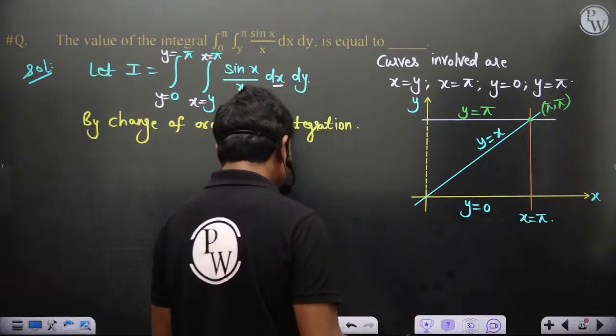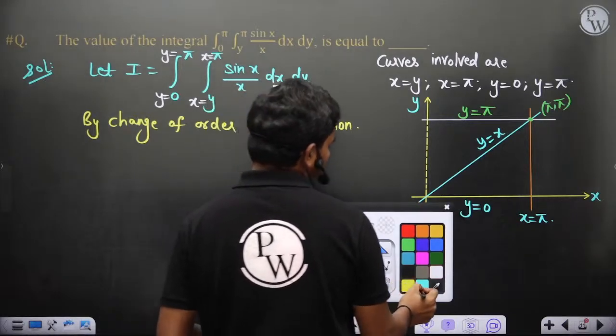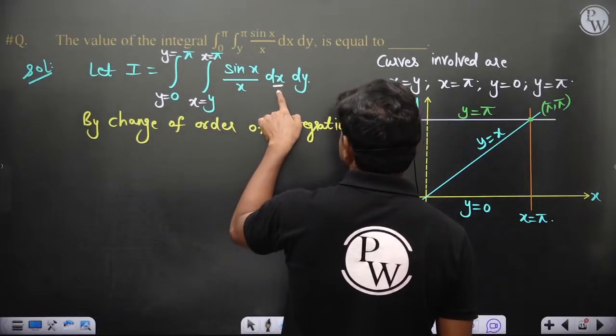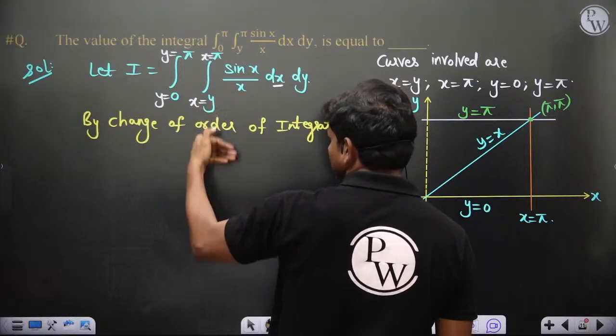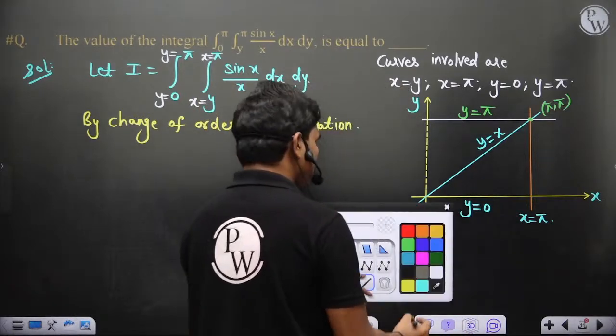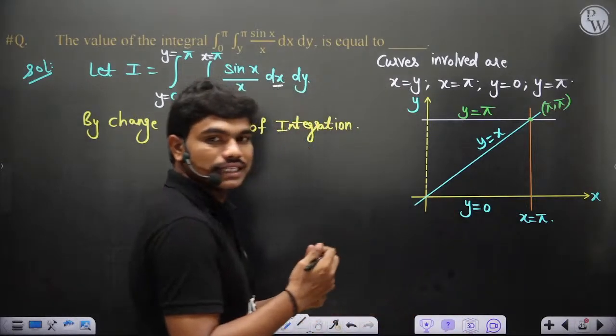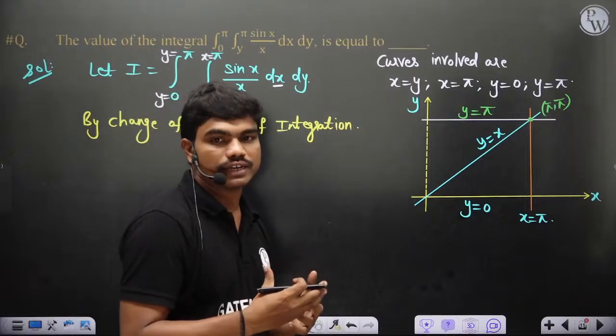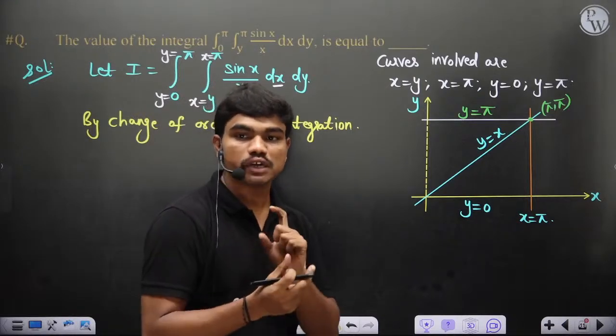If you want to change the order of integration, the first variable of integration in the actual integral is x, so upon changing, the first integral becomes y. Now tell me one thing: if I make y my first variable of integration, should I consider a horizontal step or a vertical step?